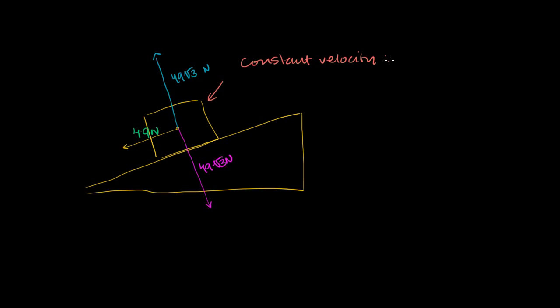And so the constant velocity v is equal to, I don't know, let's say 5 meters per second down the wedge, or down the ramp. Or I guess we could say in the direction that is parallel to the surface of the ramp. So it's in this direction right over here. So that's the constant velocity.